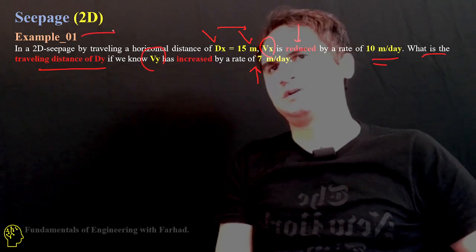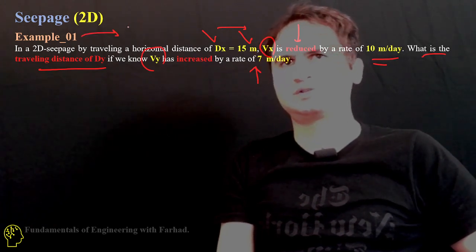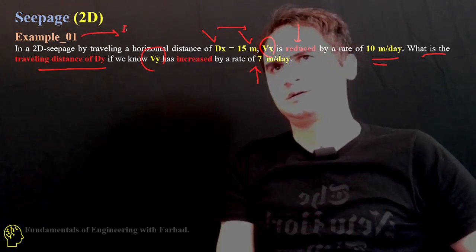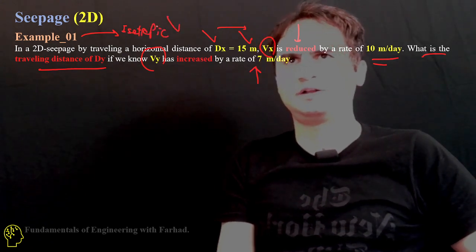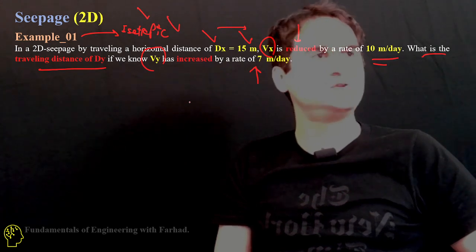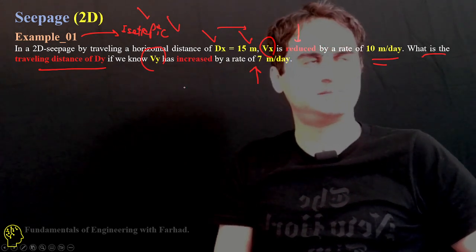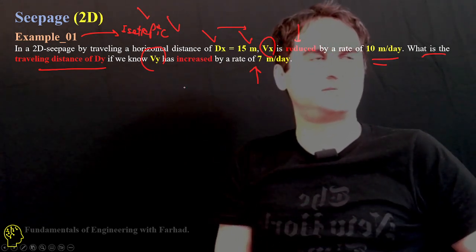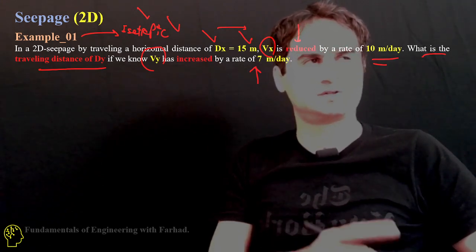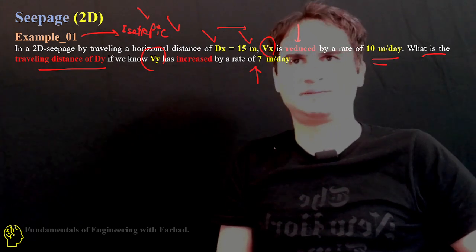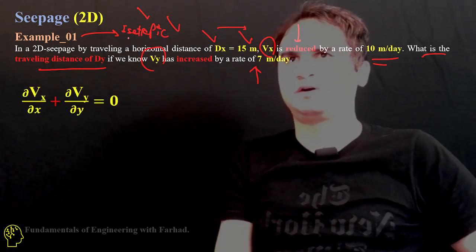We just assume the soil is isotropic, which should be provided in the problem statement. When there is no K provided in the problem statement, just assume that the soil is isotropic because you can easily cancel them out. But I just provided it here for you.